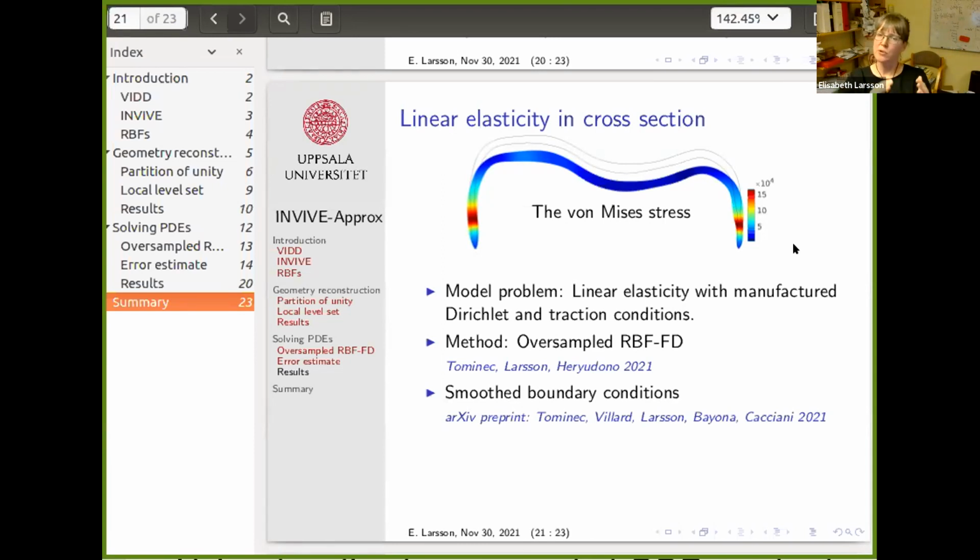If you make it too narrow, it affects your solution because it's hard to approximate. You have to resolve this narrow transition. If you make it too wide, you change the boundary conditions because then you get a mix of fixing and following the pressure, which is unphysical. So yeah, this is a hard question.